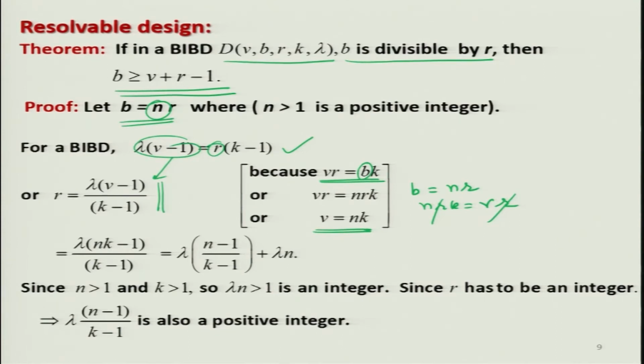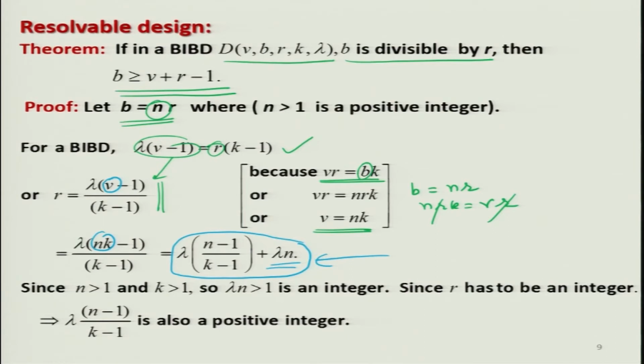So, what we try to do here is replace this V by NK, and then adjust the term, which I can express as lambda times N minus 1 upon K minus 1 plus lambda N. So, now if you analyze this expression, what do we observe?